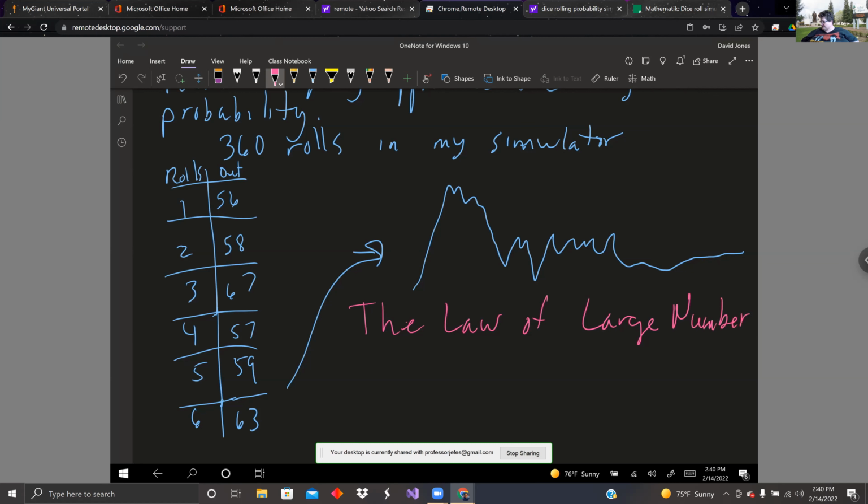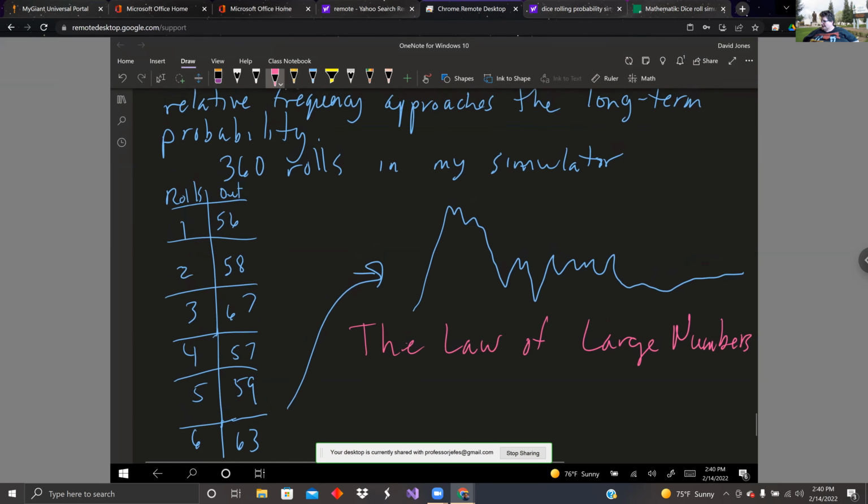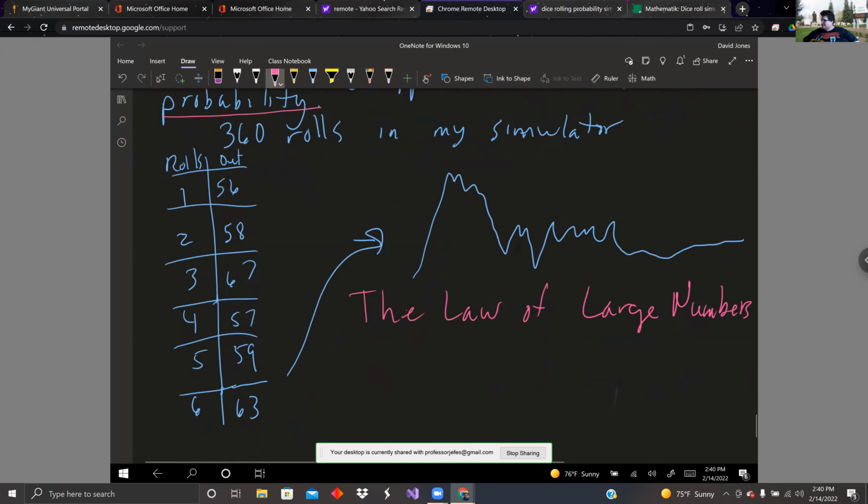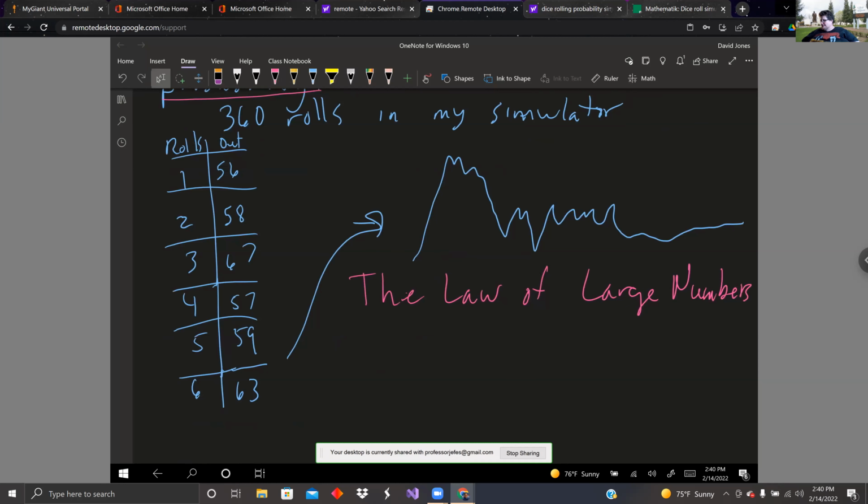I actually said what it was above. With enough trials, the short-term relative frequency approaches the long-term probability. We'll go over how you calculate long-term probability for dice rolls in a little bit. But I can tell you for dice, on any given side, it's 16.66%, or 1/6, for any given side.